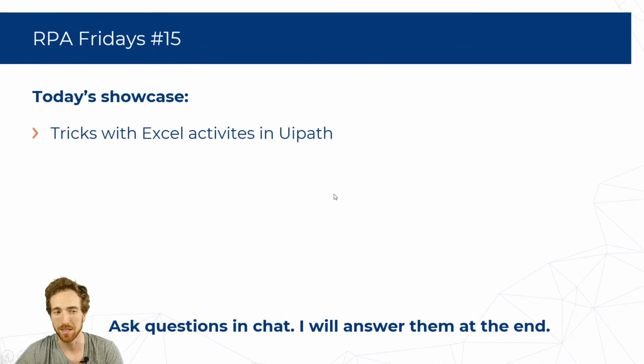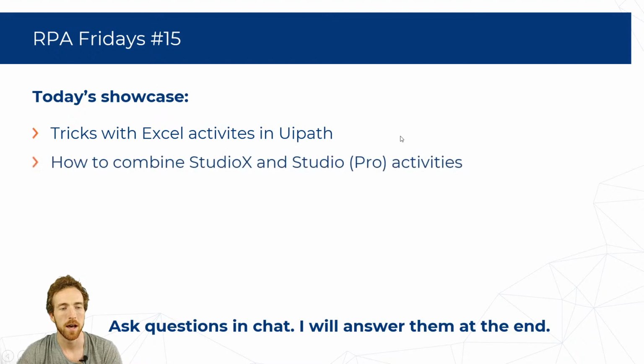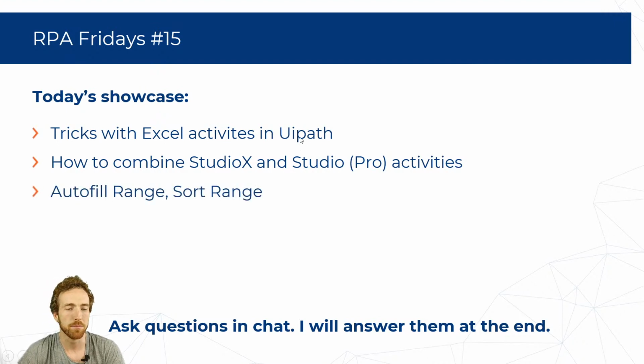Today's topic will be some tips and tricks with Excel activities in UiPath, but not only the basic ones, but also additional activities that are included in UiPath by default, but maybe you didn't find them because they are kind of hidden. We will check how to combine activities from Studio X and normal Studio or Studio Pro, with some examples.